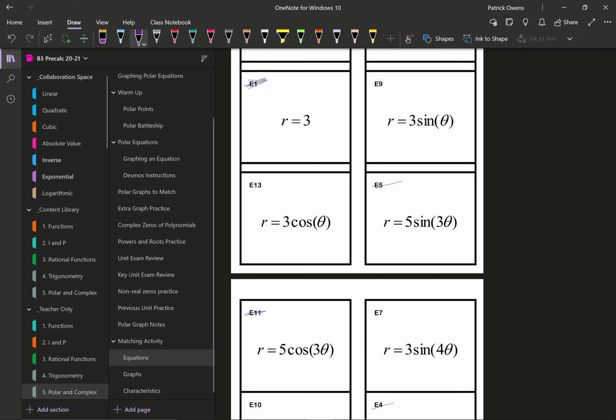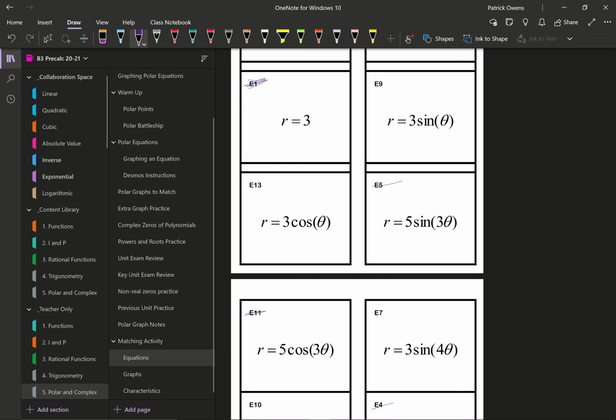So that's what the equation is, 11, and it's G1. We've got a rose curve. Graphs go here, so it's G1, and then characteristics, then we've got the 3 petals, so it's C11 over here. So we're building this as we go, trying to find those relationships between these.